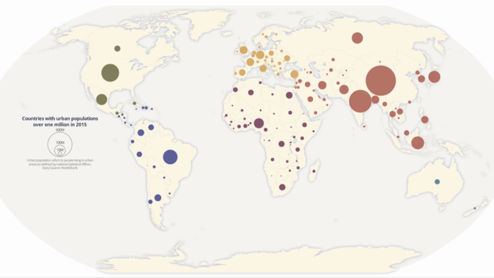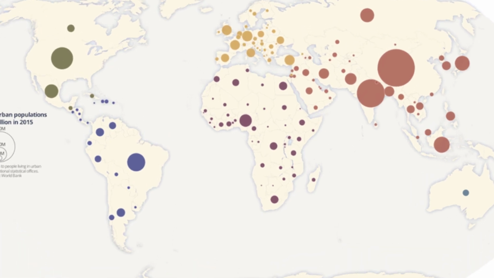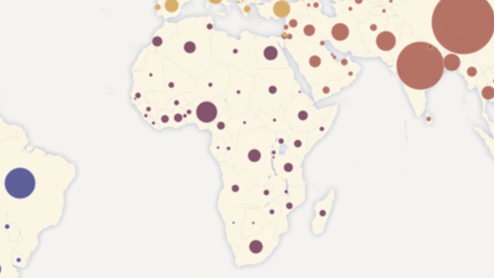In Africa, for instance, one can tell at a glance that Nigerian cities like Lagos and Abuja, or Cairo, or Kinshasa, are more populous. And also Addis and South African cities like Johannesburg.